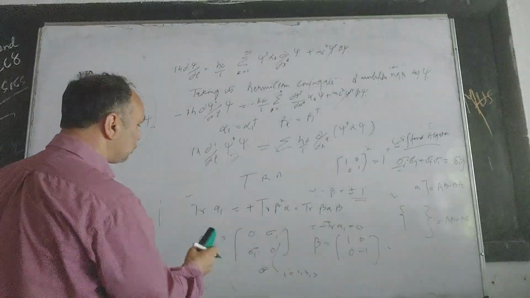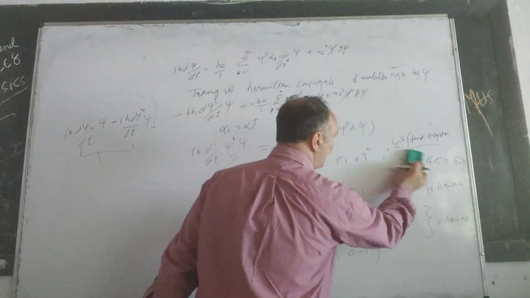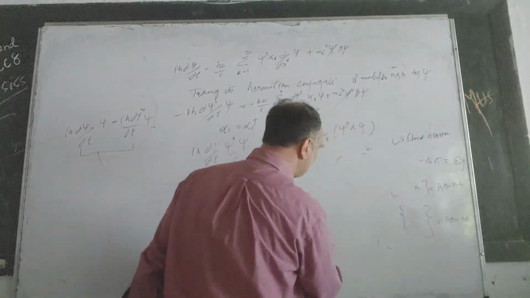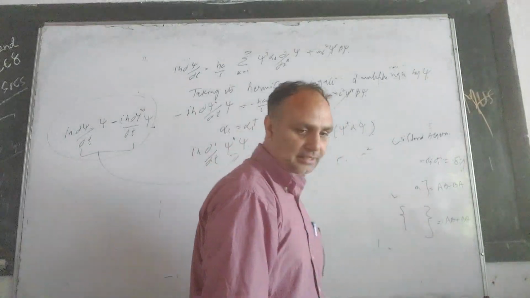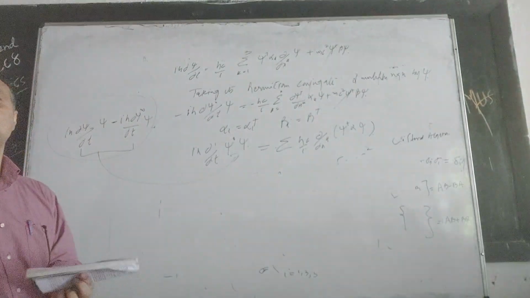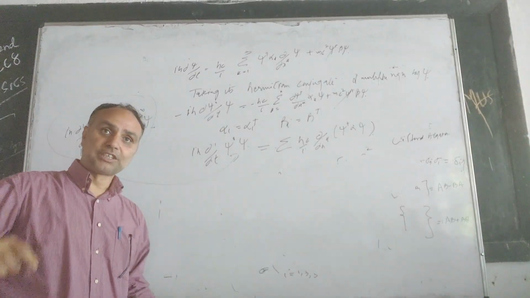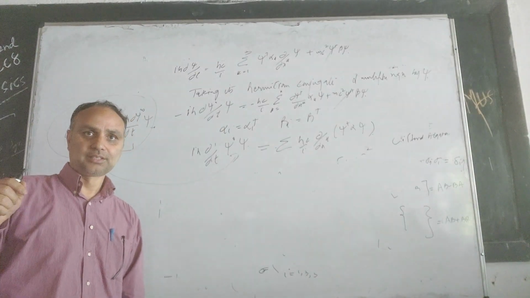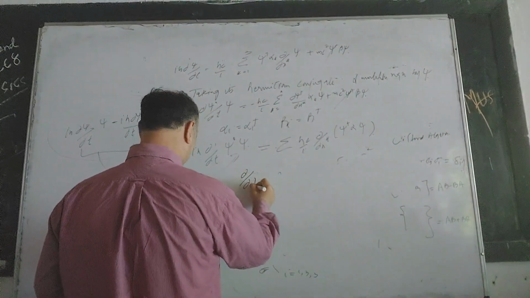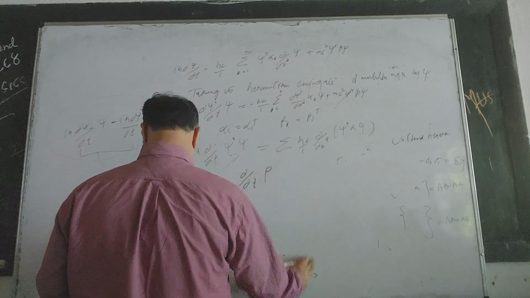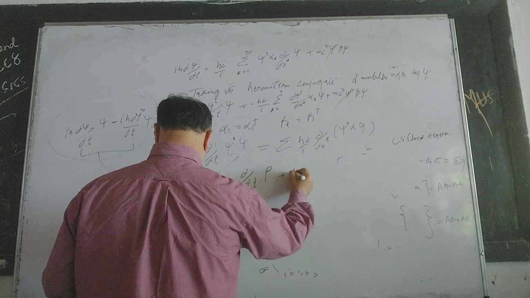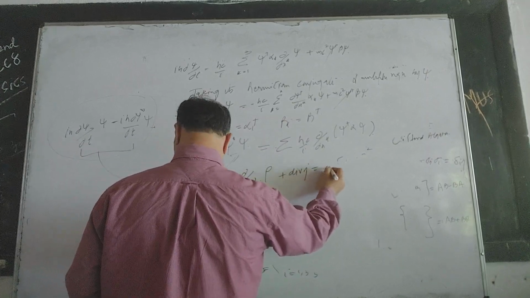So again, its form will come out as if we are going for the equation of continuity. The equation of continuity for the wave function will come out to be d by dt of rho plus divergence of j equals zero.